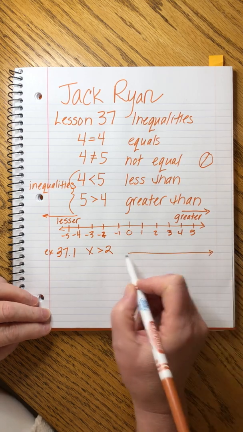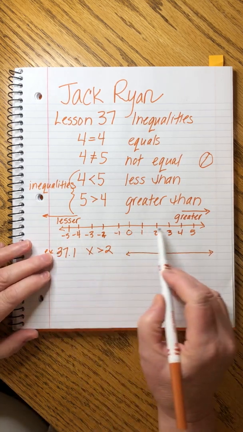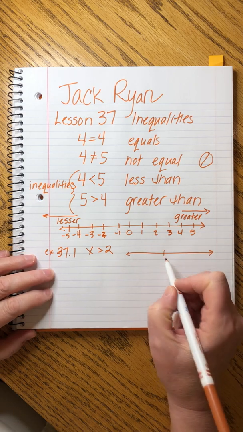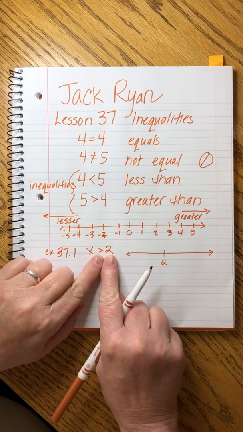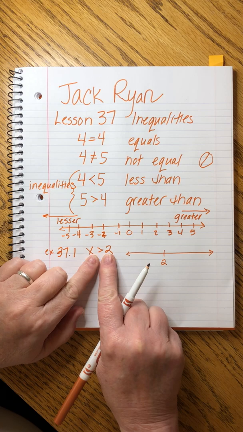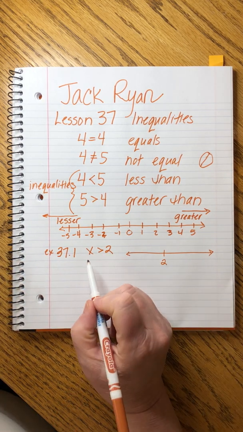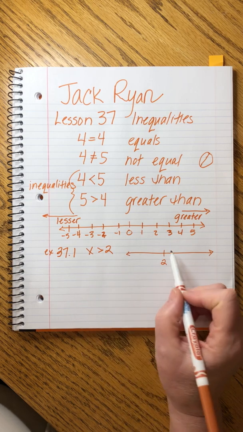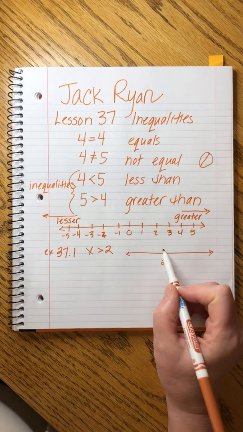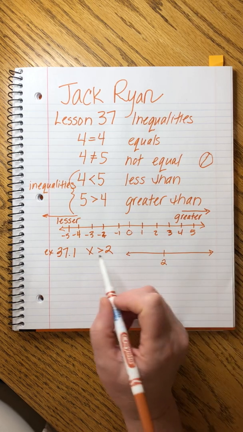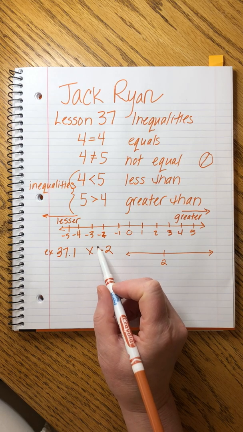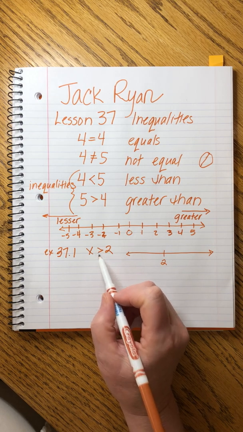I'm going to draw the number line, and I'm not even going to put in this much detail. I'm just going to put in 2. That's the number that we're interested in because that's the number in the inequality. And we want the values for x that are greater than 2. We want to go this way, right? This inequality says that we only want the ones greater than 2.